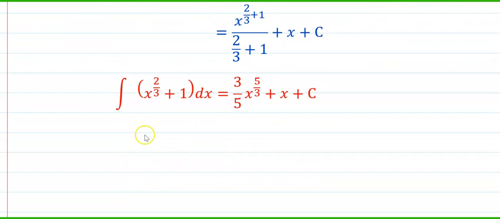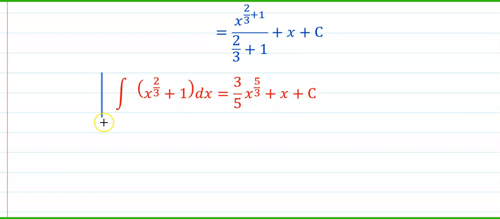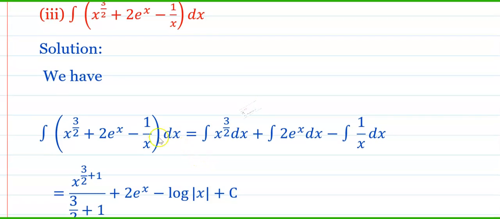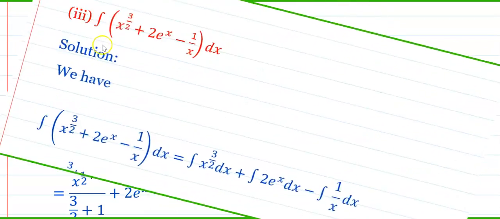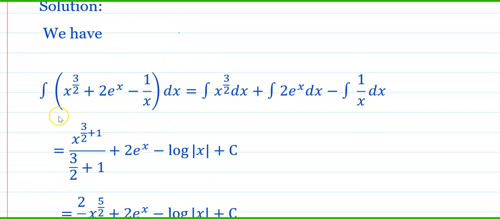Hence the answer: the integral of x raised to 2 by 3 plus 1 dx is 3 by 5 into x raised to 5 by 3 plus x plus c. Okay, now the next problem. Integral of x raised to 3 by 2 plus 2 into e raised to x minus 1 upon x dx. Now separate this.